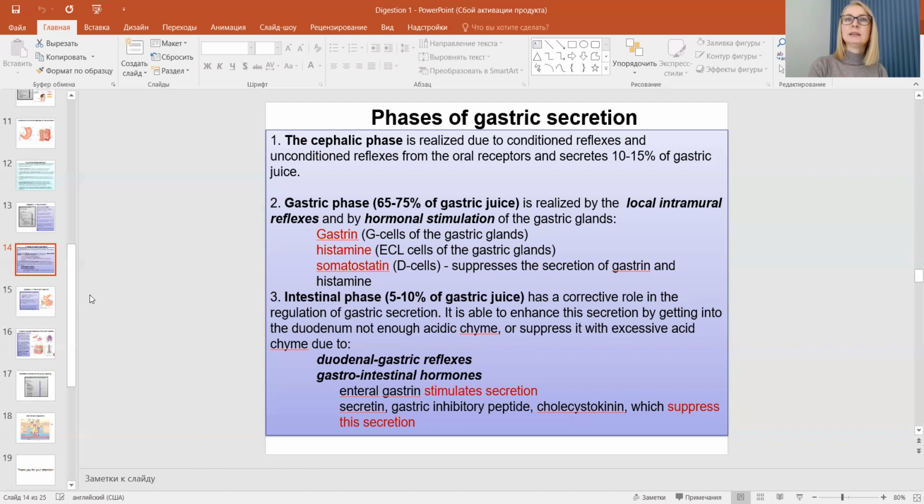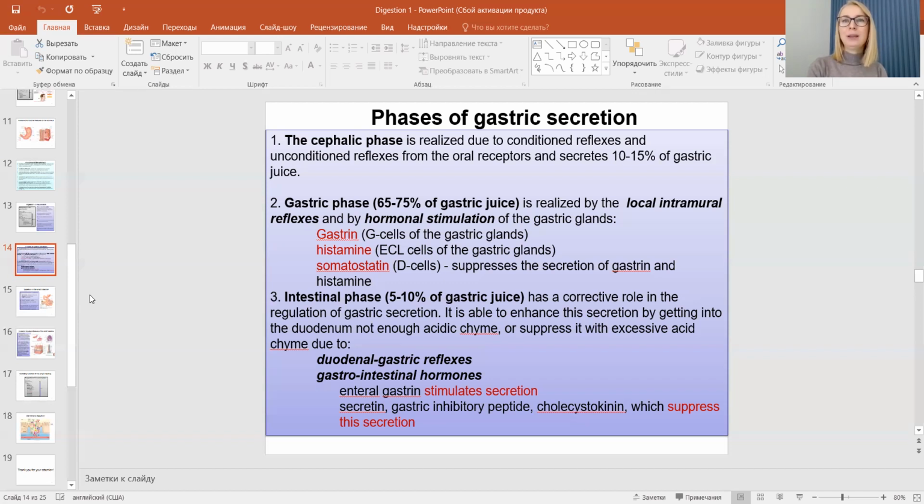This reduces the acidity of chyme, making it easier for pancreatic and liver secretions to neutralize the chyme, which is required for the digestion of food by pancreatic enzymes and for the prevention of peptic ulcer formation. When the pH of the chyme entering the duodenum drops to 2.0 or below, the inhibitory influence of the intestinal phase is greatest.